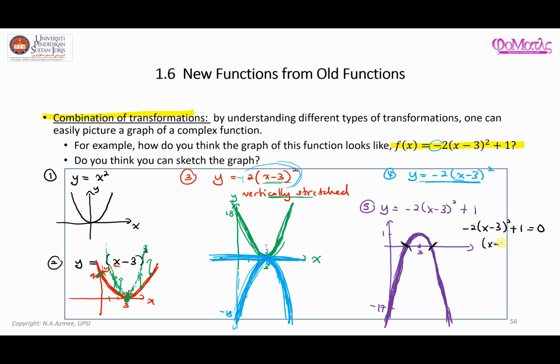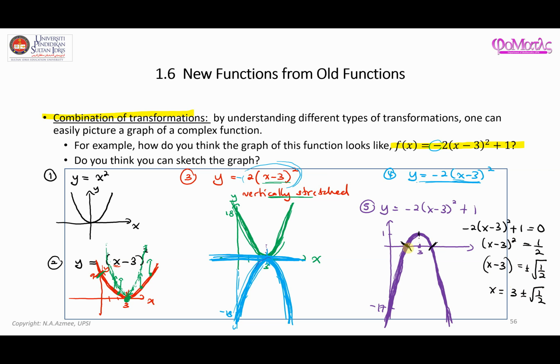And therefore, (x minus 3) squared is equal to, after some simple algebraic operation, 1 over 2. So if you want to get rid of the square, you introduce a square root, so it will be plus or minus the square root of 1 over 2, and therefore x is equal to 3 plus or minus the square root of 1 over 2.